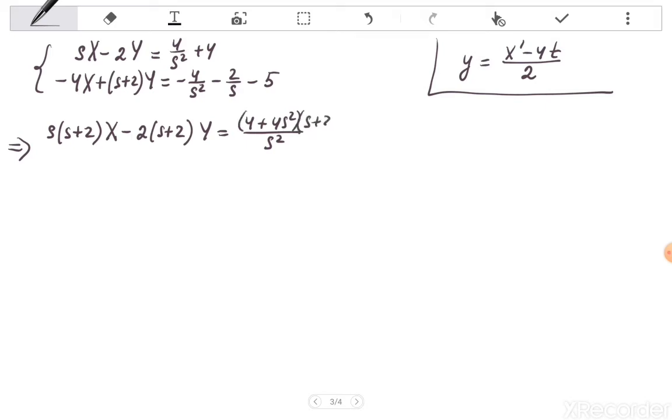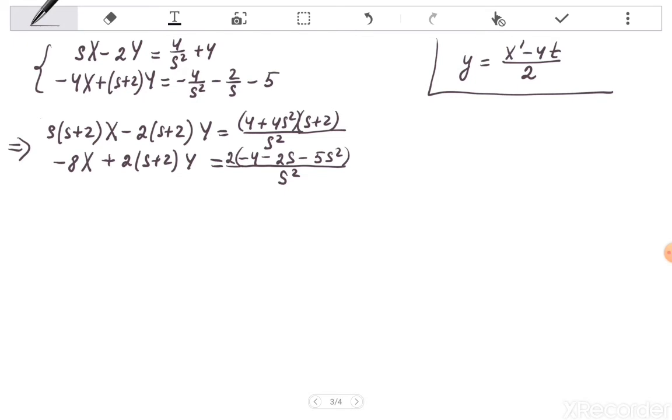And the second equation we multiply by 2. So this is minus 8X plus 2(s plus 2)Y. And on the right, if we find the common denominator, this is minus 4 minus 2s minus 5s squared, and everything multiplied by 2.